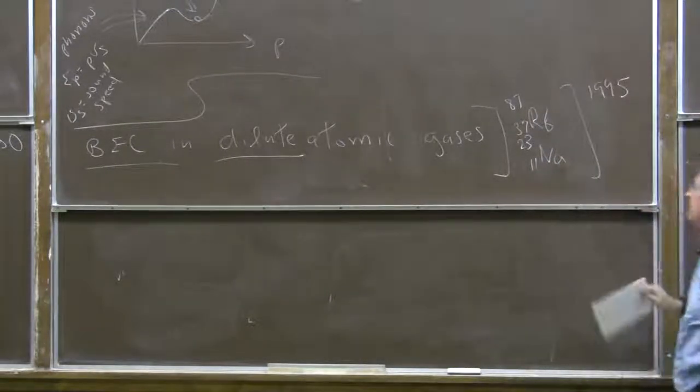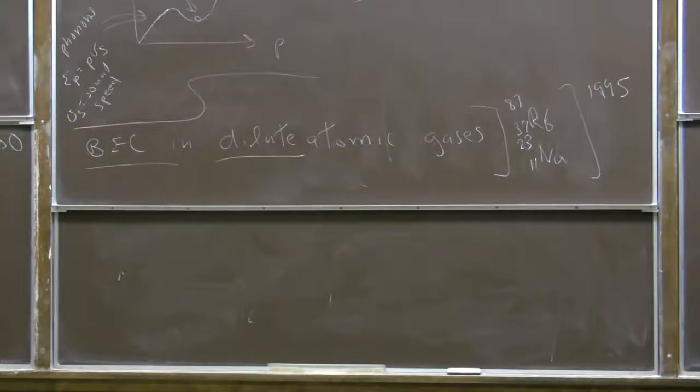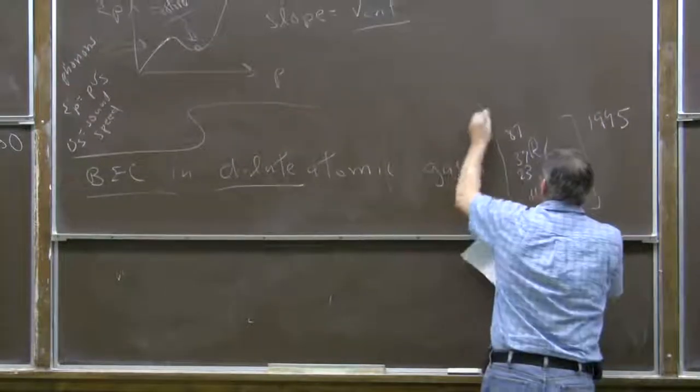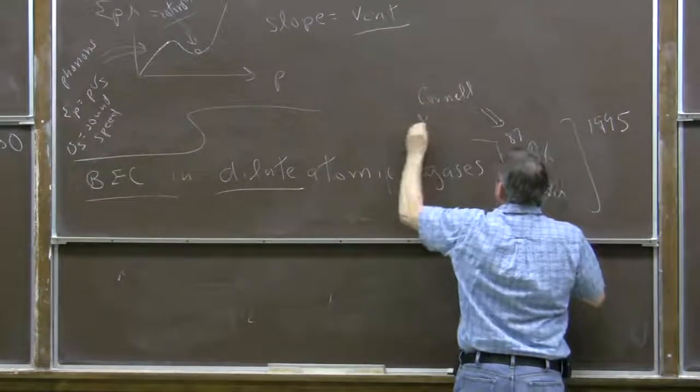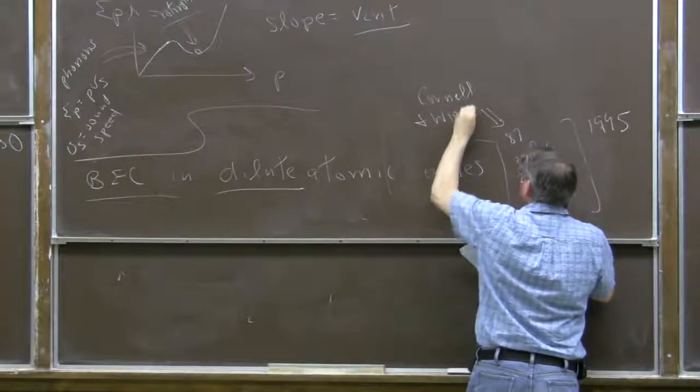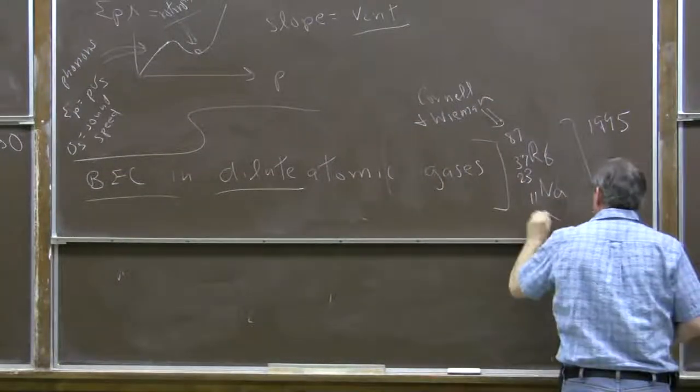And then it led 6 years later to a Nobel Prize for the guys who did it. Rubidium, it was Cornell and Wieman. And sodium, Ketterle.